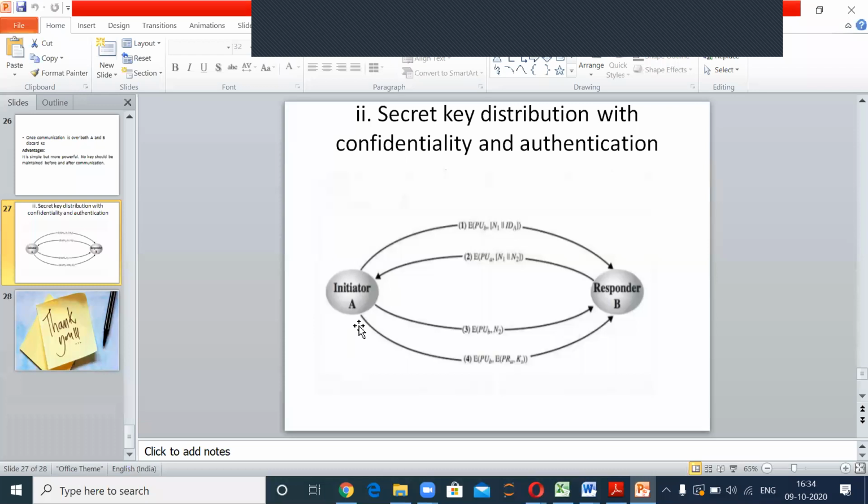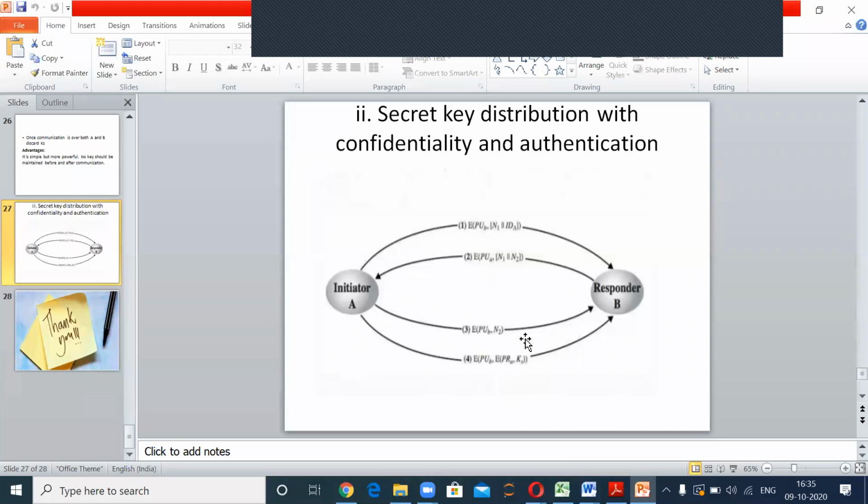After that, on receiving, the initiator sends to the responder. What does it send? It confirms that it received the nonce in encrypted format, encrypted by using the responder's public key. After that, the initiator again sends, so that both of them can communicate by using the session key, KS. This session key is encrypted twice. We'll observe that.